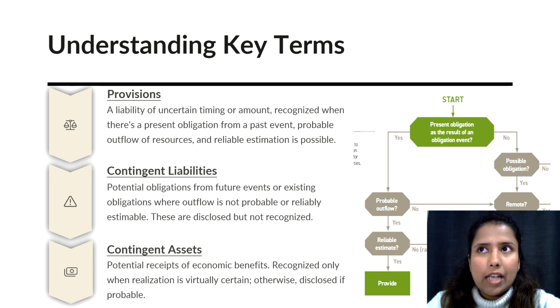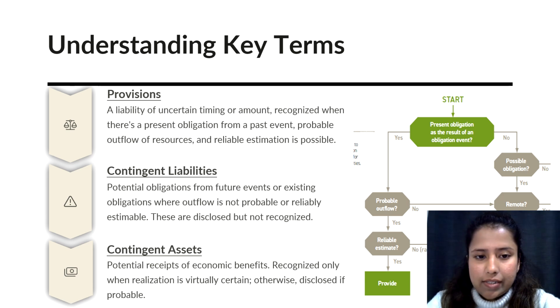As per the annual report, Telstra has disclosed potential legal claims of 2.5 billion in performance guarantees for subscribers and infrastructure contracts. These are not recognized because the liability isn't probable yet, but they are disclosed to inform stakeholders.